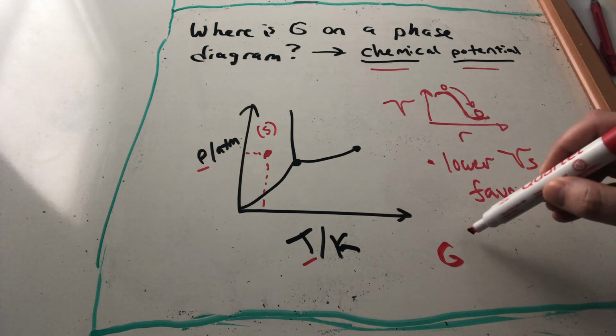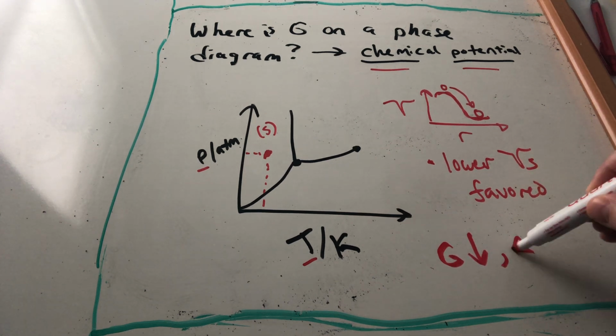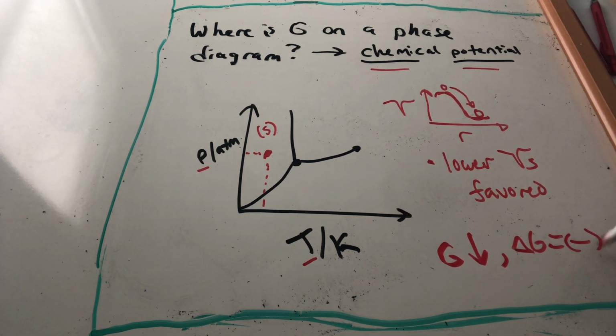A G that's lower, and in fact a delta G that's negative, dictates that the process is going to be spontaneous, that the process is favored. The more negative you are, the better. And in fact, we saw that if we had a delta G that was positive, we would say that process was non-spontaneous as written, and the reverse was spontaneous. So a positive delta G for a process stops it and makes the reverse happen, and a negative delta G means that process is spontaneous.